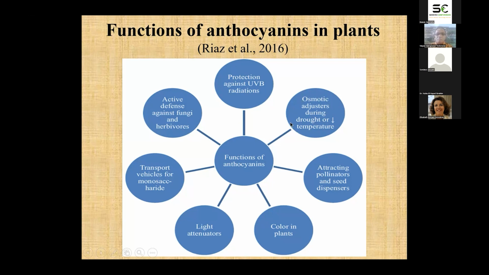So if we want to increase the anthocyanin content of the plants, we can impose this kind of stress. When there is a high intensity of UV-B, they will protect themselves by producing anthocyanin.